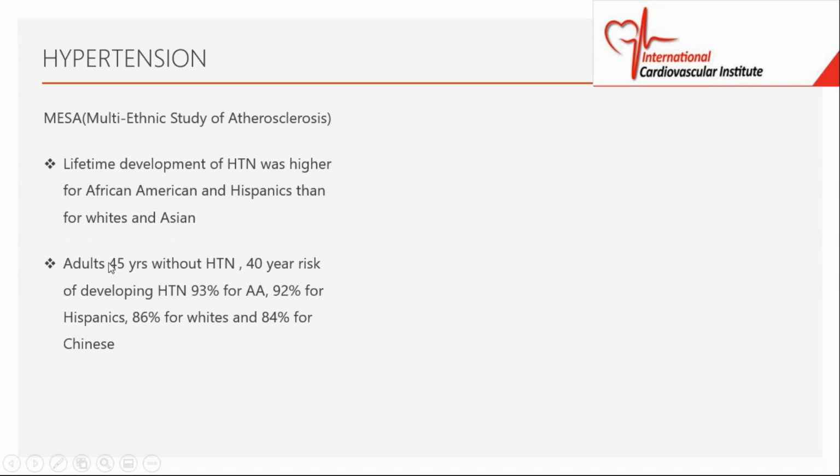When you look at adults age 45 without hypertension, their 40-year risk of developing hypertension is 93% for African Americans, 92% for Hispanics, and 86% for whites. So it looks like everybody is going to get hypertension, all right?